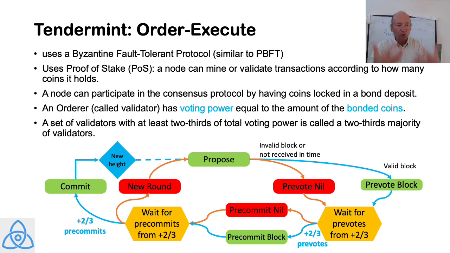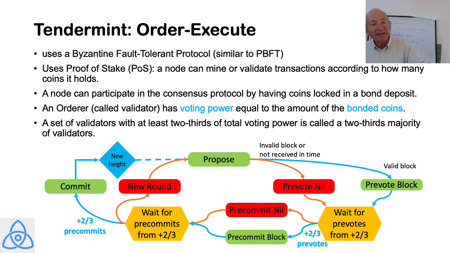When a node participates in a consensus protocol, it takes these coins and deposits them in a bond. This restricts me from using the same amount of money over and over again, and the orderers become the same.